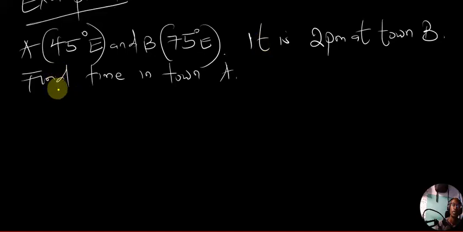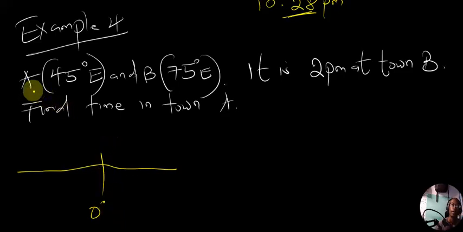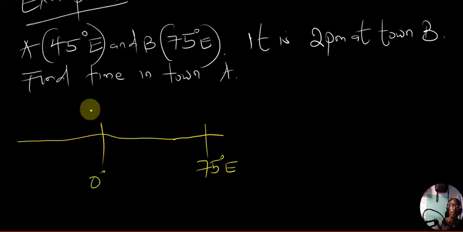So let's solve it quickly. This is the number line. 0 degrees, the Greenwich meridian. One country is far east. I can see 75 degrees east. It is far east. The other country is 45 degrees east. They are both on the same side.